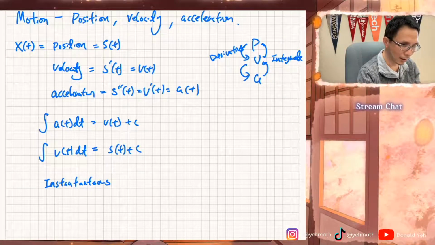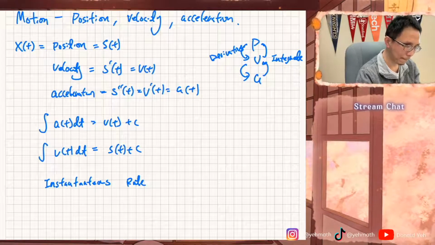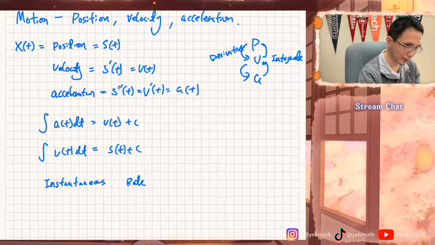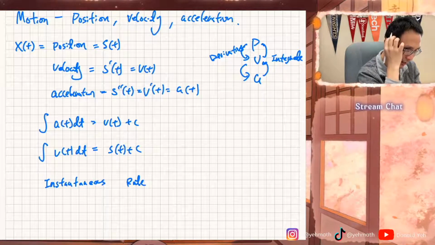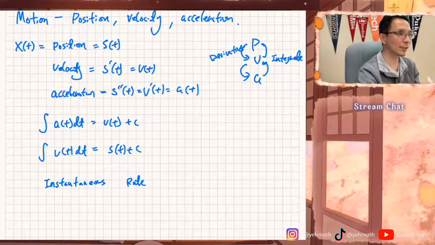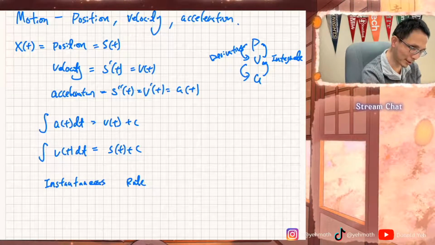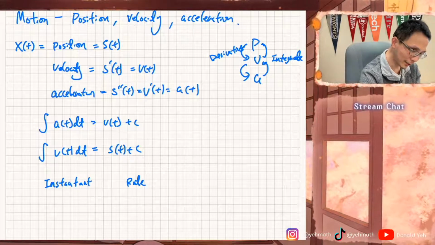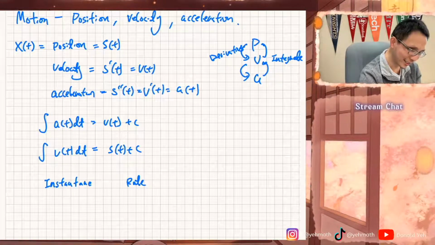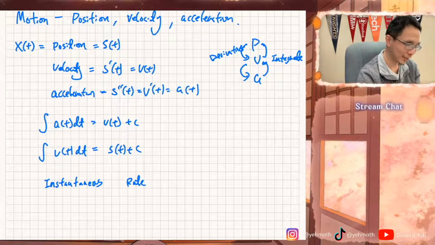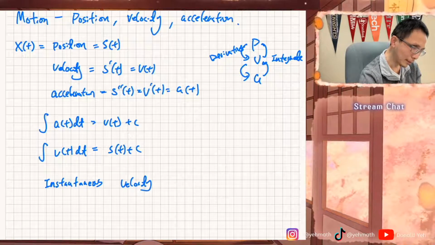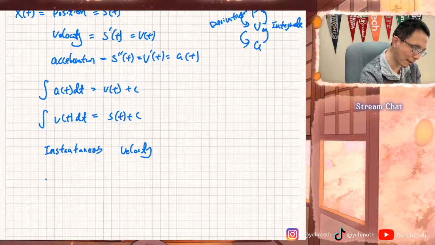Without the third T. It's instantaneous, like this? Yes. Okay, so instantaneous velocity, and there is average velocity.